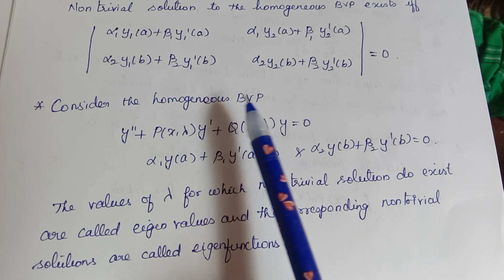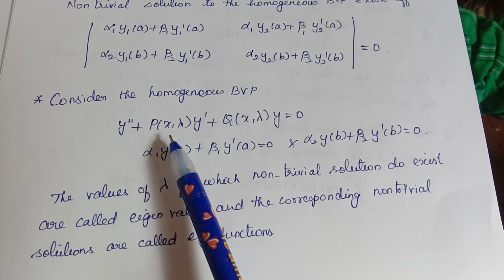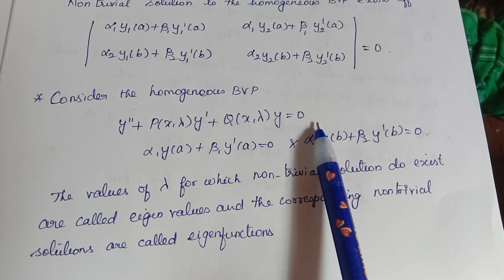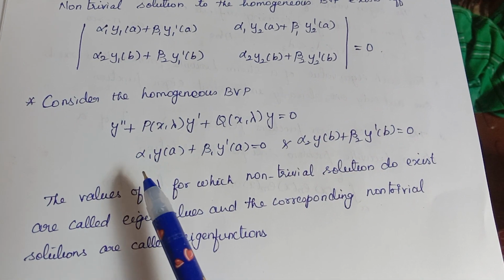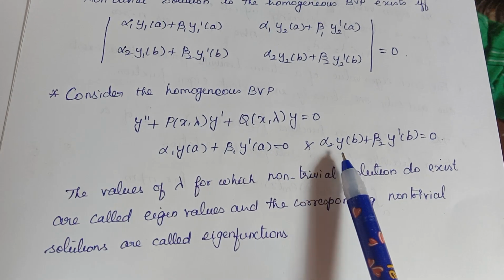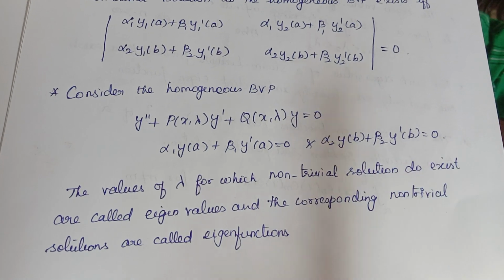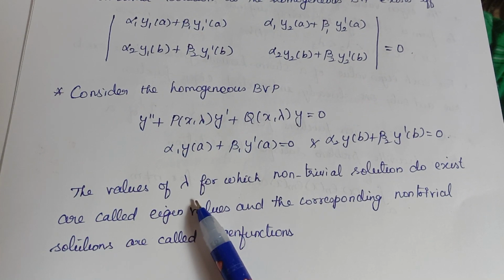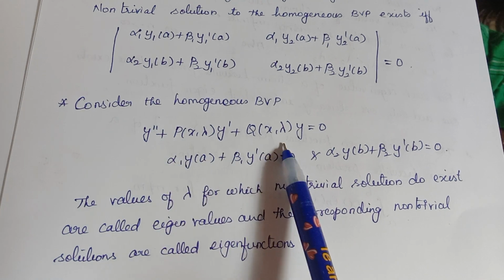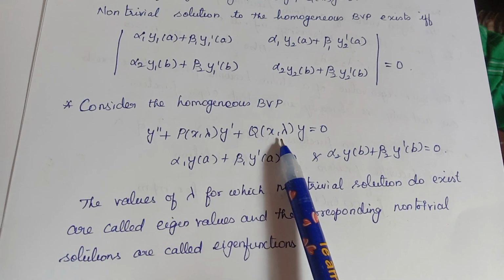Now consider the homogeneous boundary value problem y double dash plus p of x comma lambda y dash plus q of x comma lambda y equal to 0, along with the boundary conditions alpha 1 y of a plus beta 1 y dash of a equal to 0 and alpha 2 y of b plus beta 2 y dash of b equal to 0. It is the same type of boundary value problem, but here p and q depend on lambda also.